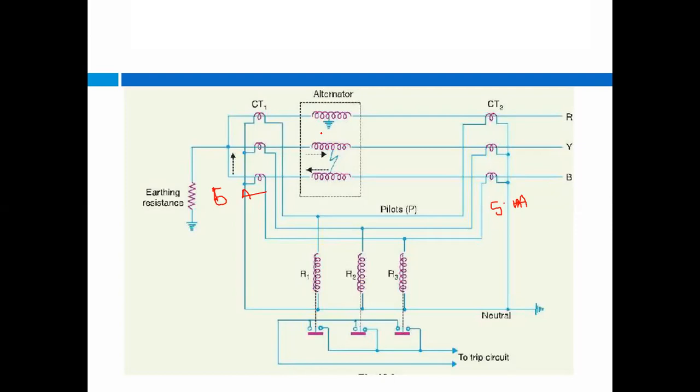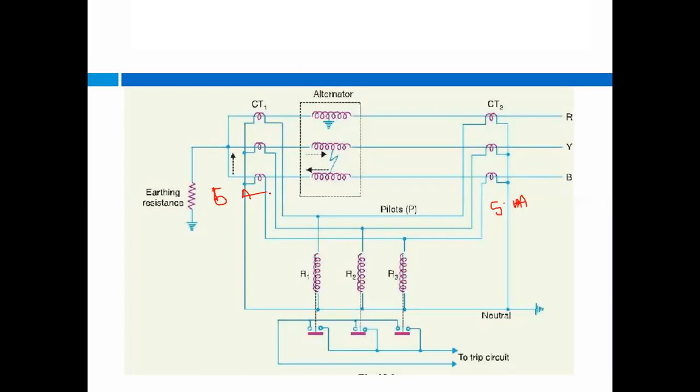If there is a ground fault, then what will happen? If any fault is occurring, your current gets increased there.